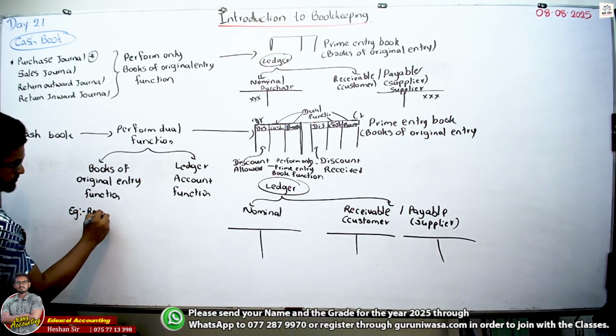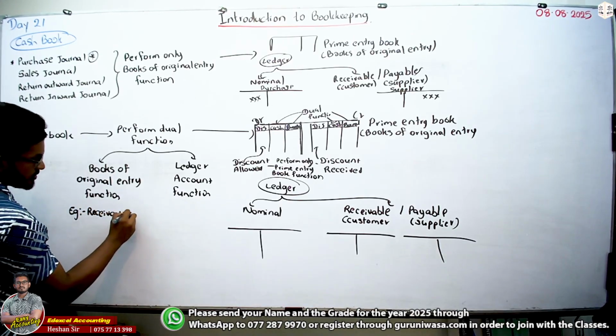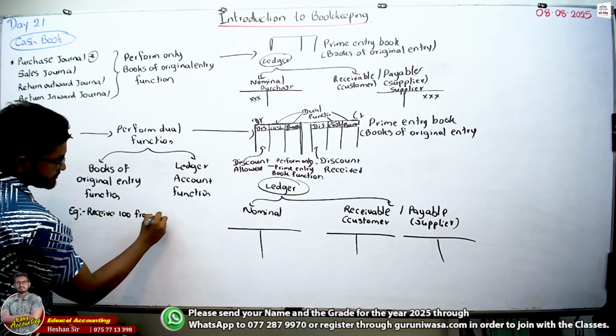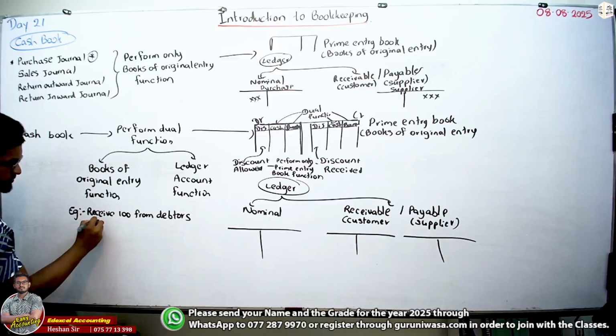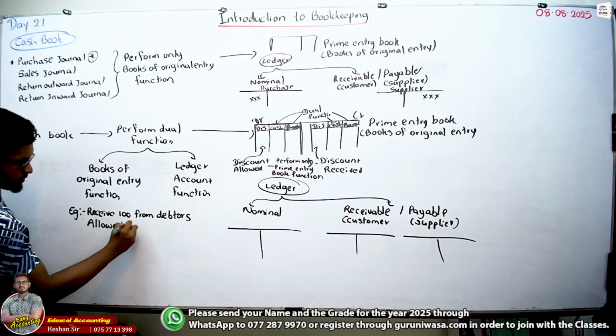Receive 100 from debtors, allowed 20 discount.